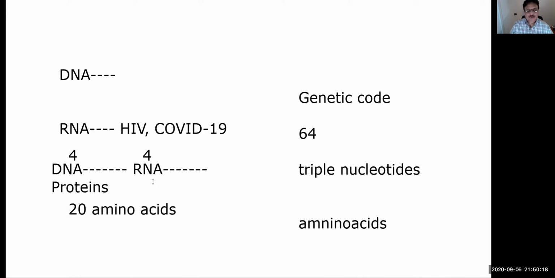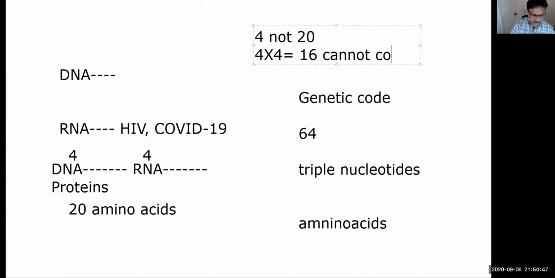So who was the scientist who helped us understand this? He was Har Gobind Khorana. He said that 4 nucleotides cannot code for 20 amino acids. Even 4 times 4, which is 16, cannot code for 20 amino acids.